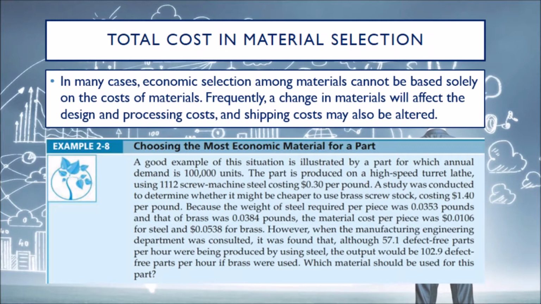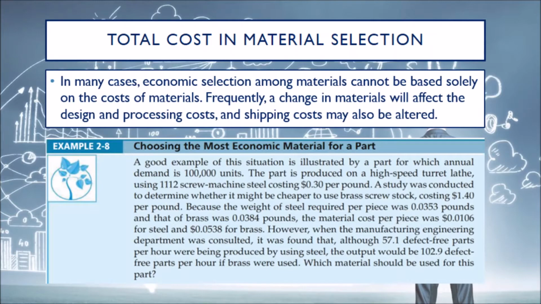$0.0538 for brass. However, when the manufacturing engineering department was consulted, it was found that although 57.1 defect-free parts per hour were being produced by using steel, the output would be 102.9 defect-free parts per hour if brass were used.